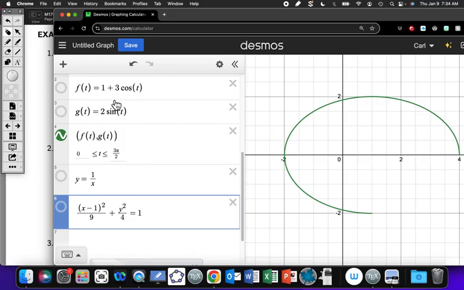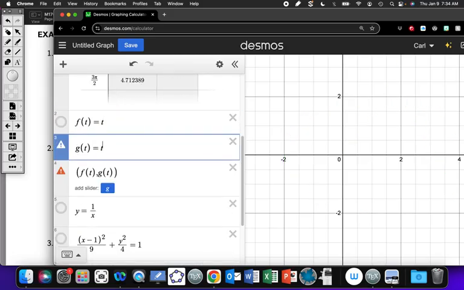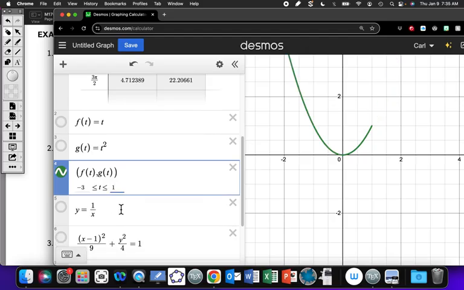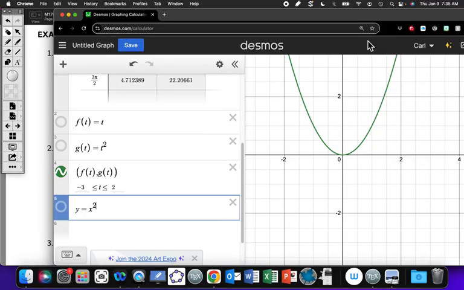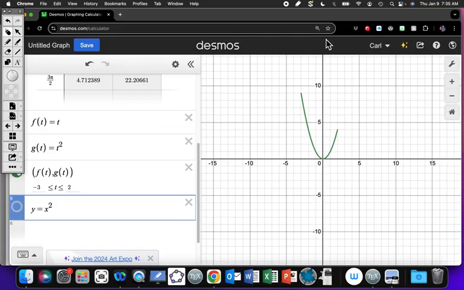So we can just do f of t is t, g of t is t squared, and we're just going to go from negative 3 to 2, and then we can put y equals x squared up there. So if we look at this, whoops, there it is, there we go. Okay.